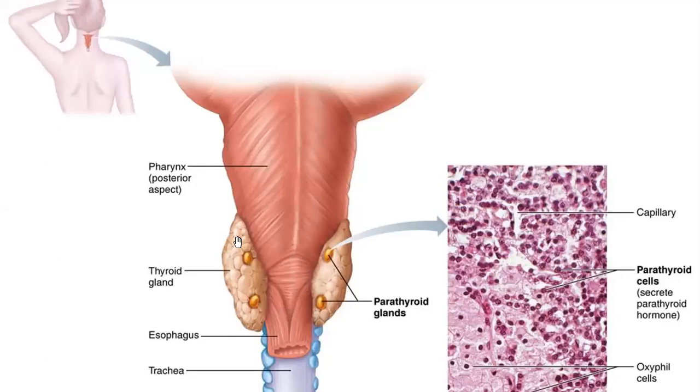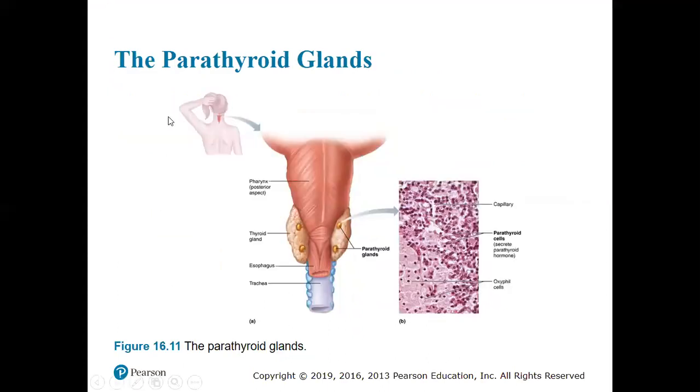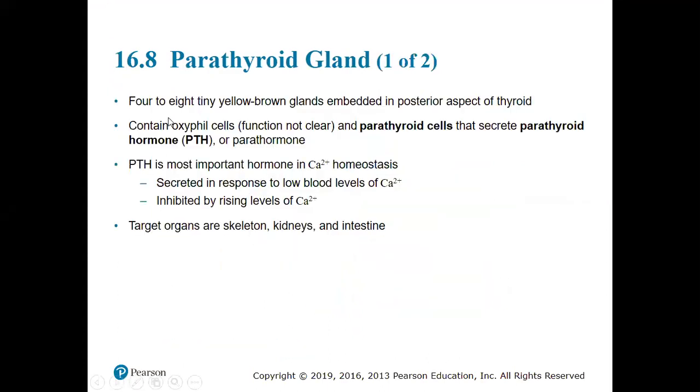Within the thyroid, these here are parathyroid. I've heard of individuals with 3. I have never heard of 2. I'm sure there are some cases out there, but typically 4. I have not known anyone with 8, but hey, maybe.